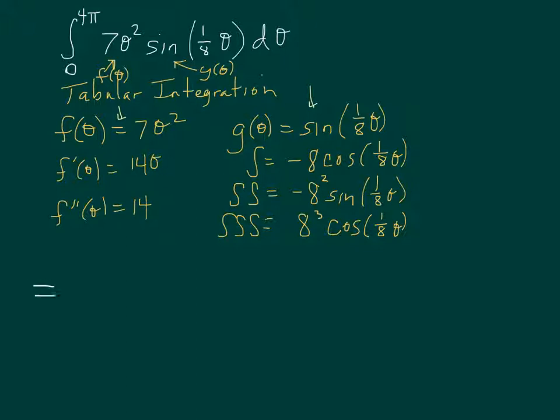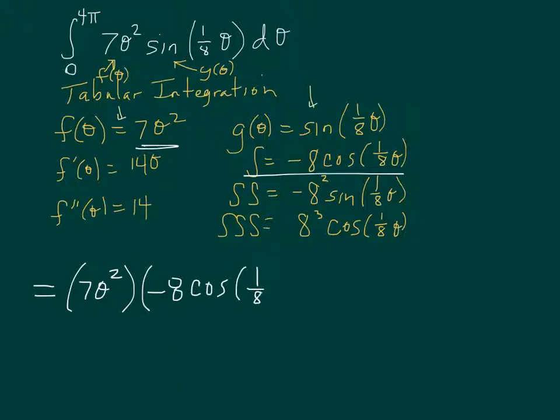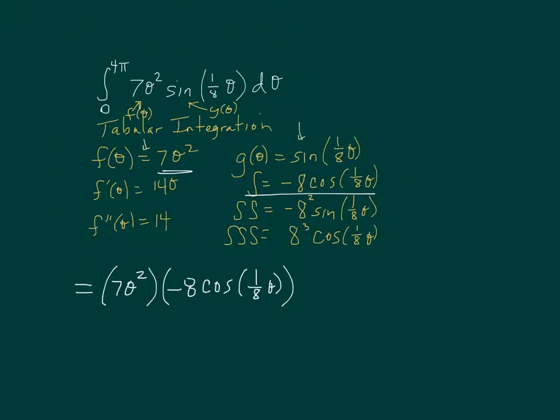So how we're going to set it up is we're going to take our function 7 theta squared and then multiply by our first integral, so times negative 8 cosine 1 over 8 theta. Probably never get this to fit.